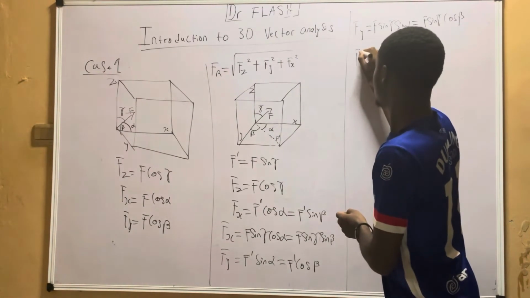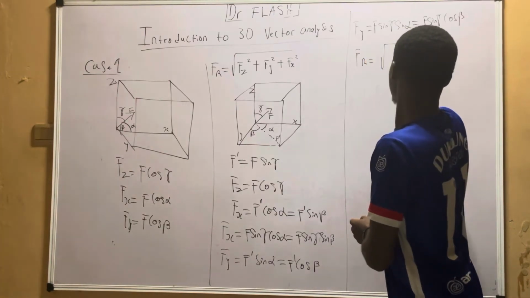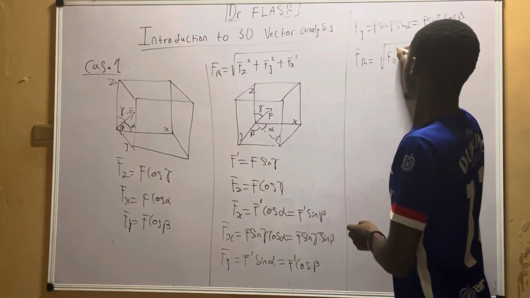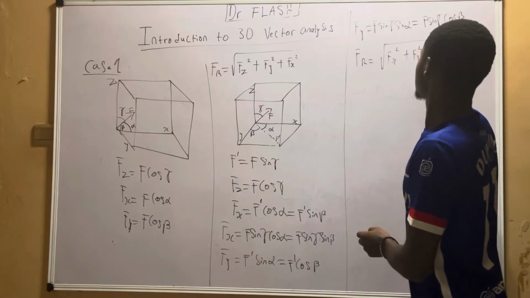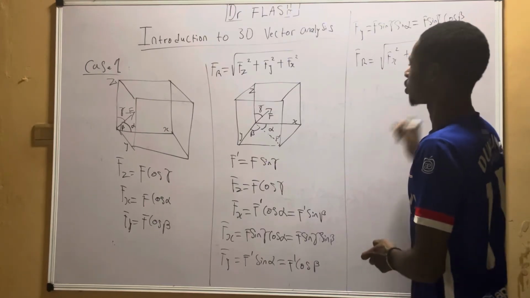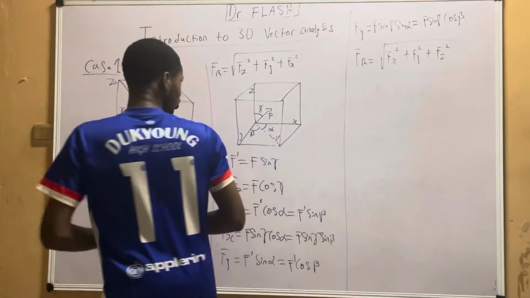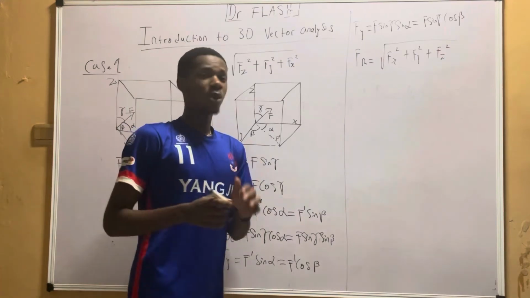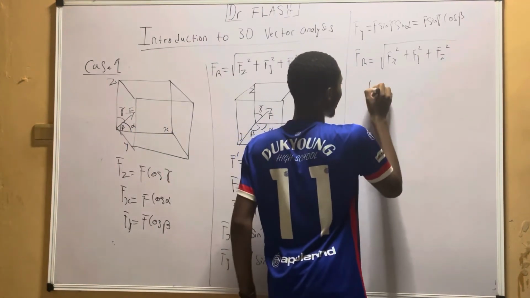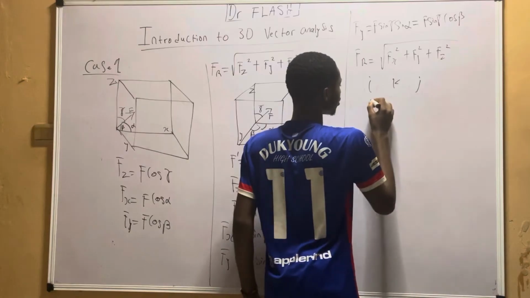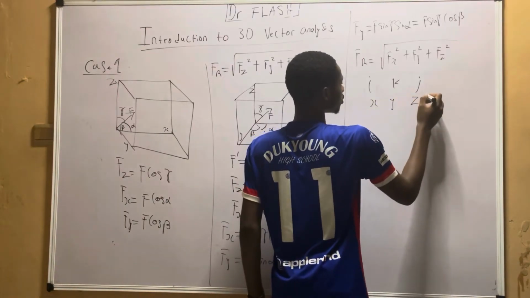Now to find the resultant vector for this case, it is still the same thing. So automatically we're going to have fr equals square root of fx squared plus fy squared plus fz squared. Mind you, the x, y, and z components remain the same and they correspond to i, j, and k.